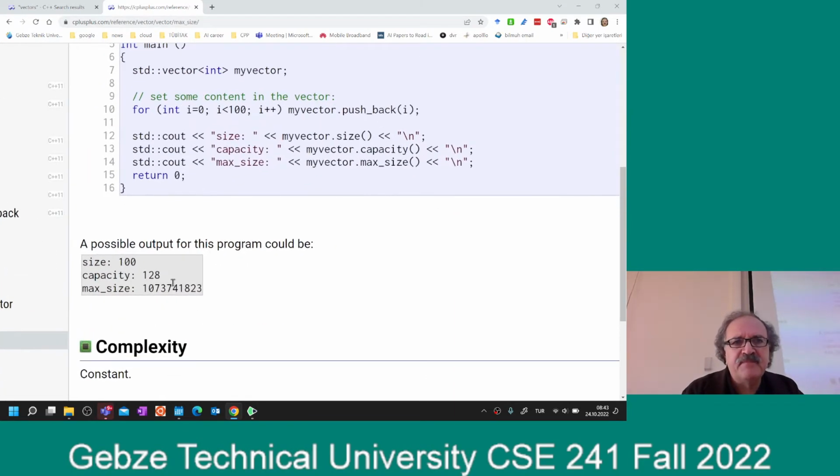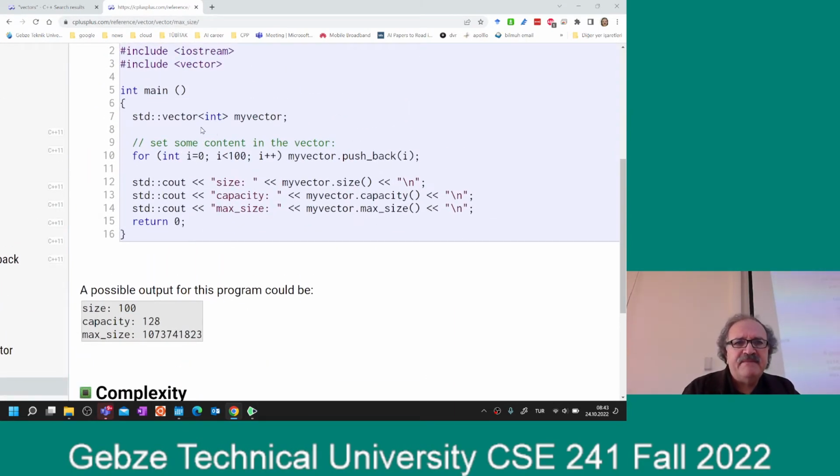So when I say vector int my vector, with 0 elements in it, I don't know the capacity. But if I keep pushing back 100 integers in it, size would come back as 100, capacity is 128, and the max size is this.